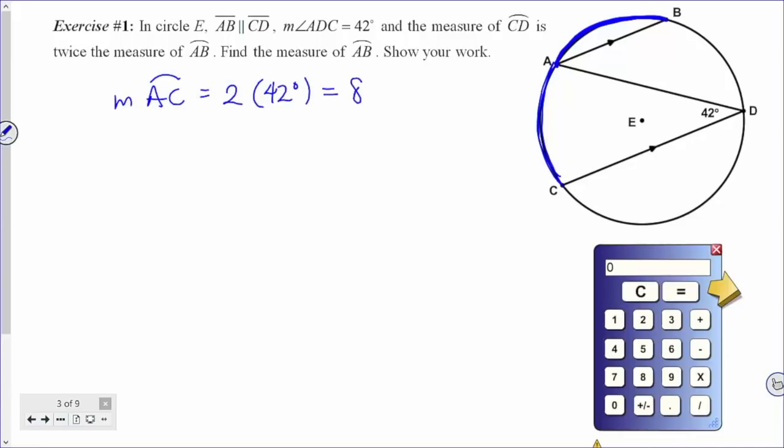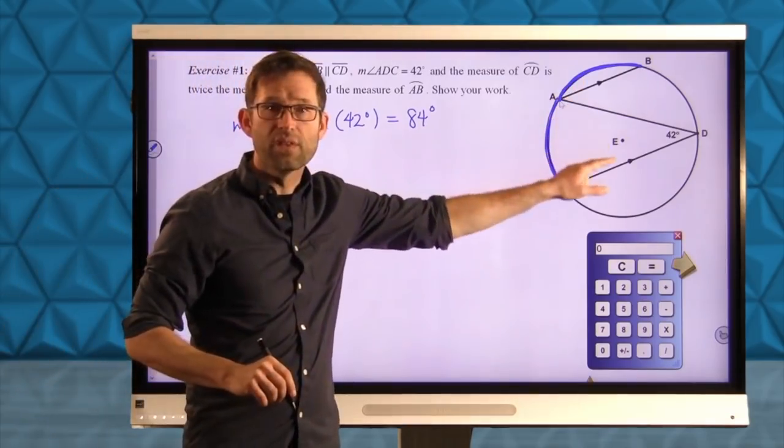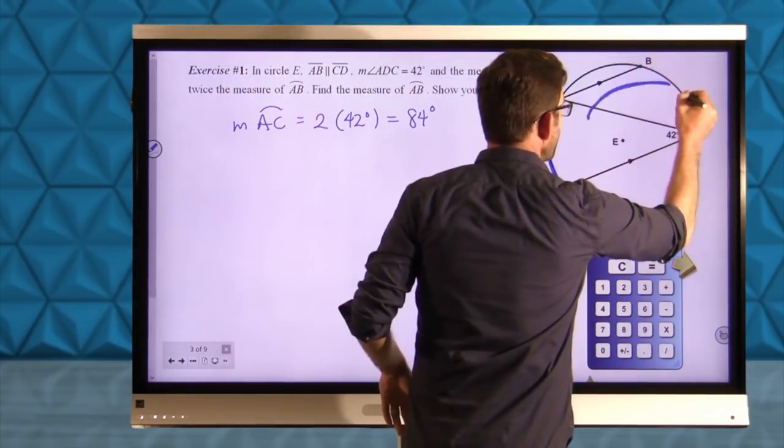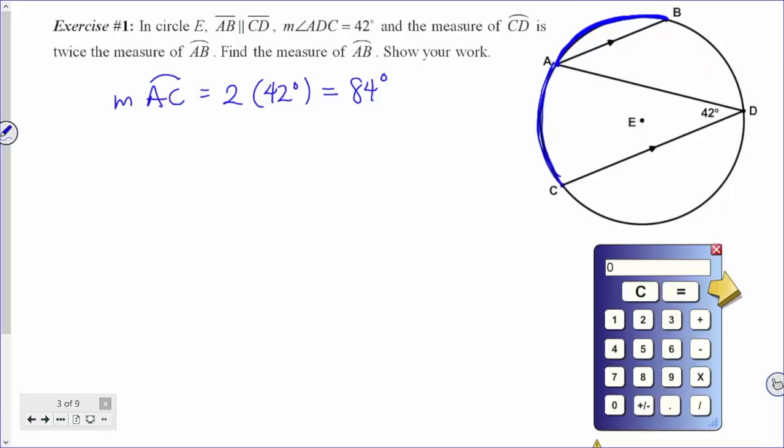So that's got to be 84 degrees. But then again, because these two chords are parallel, the measure of arc BD must also be 84 degrees.